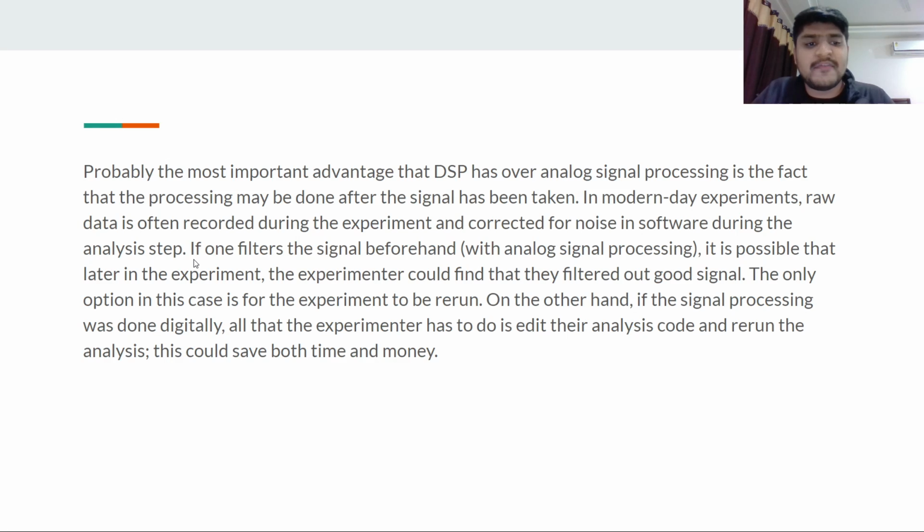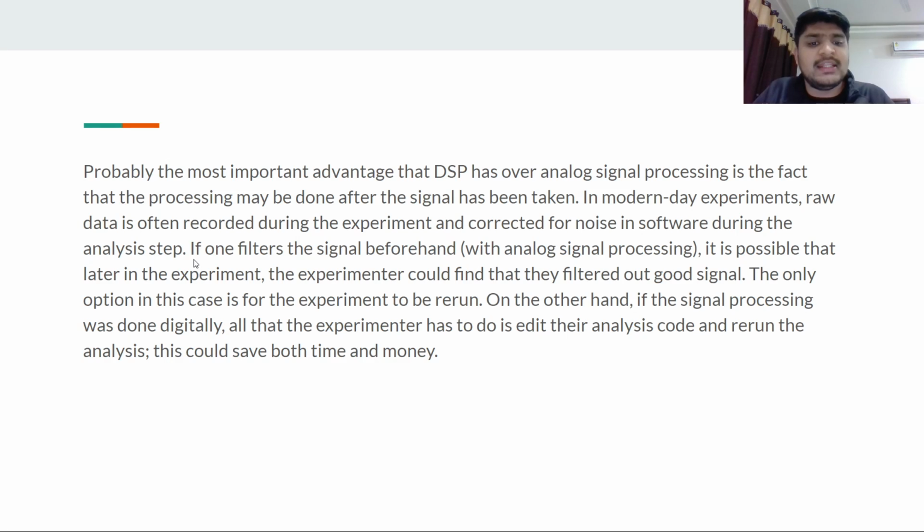Probably the most important advantage that DSP has over analog signal processing is the fact that the processing may be done after the signal has been taken. In modern day experiments, raw data is often recorded during the experiment and corrected for noise in software during the analysis step. Suppose one filters the signal beforehand with analog signal processing, it is possible that in a later experiment the experimenter could find that they filtered out good signal.